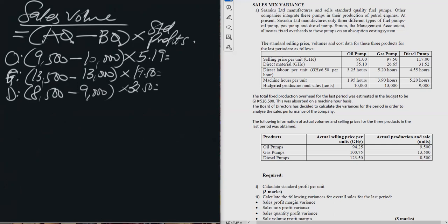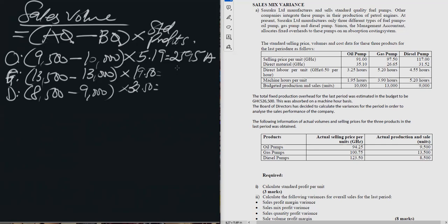We have 9,500 minus 10,000 all times 5.19. That gives us 2,595 adverse.